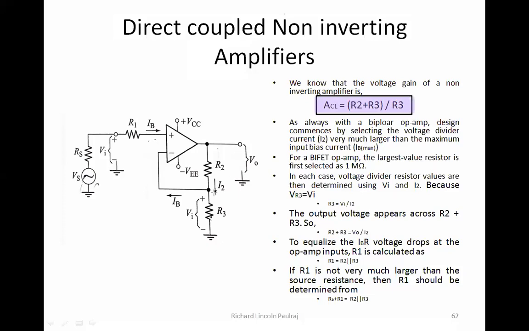So what is this R2 plus R3? These two resistors are forming what type of configuration? Students, R2 and R3 is forming what type of configuration? Voltage divider. Very good. So it's acting like a voltage divider.